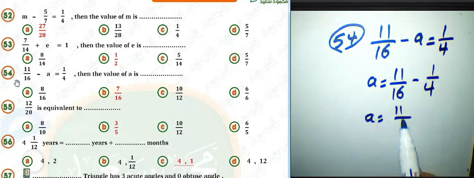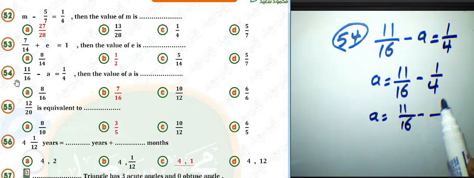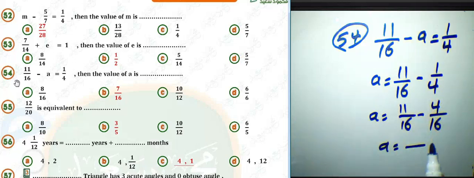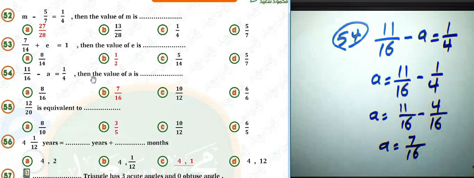A will be 11 over 16 subtract 1 over 4. We can convert it by multiplying the numerator and denominator. 1 times 4 equals 4, 4 times 4 equals 16. So 11 minus 4 equals 7 over 16. 7 over 16 is the result. About question 54, letter B.